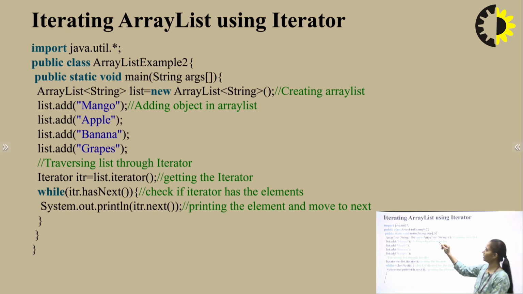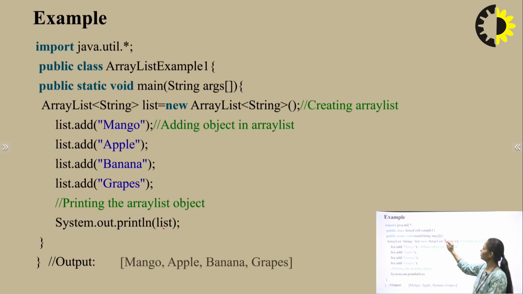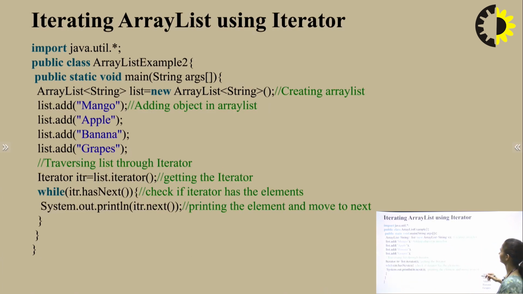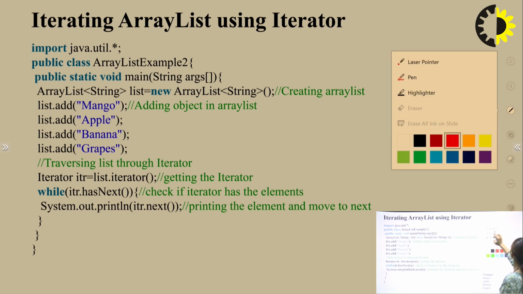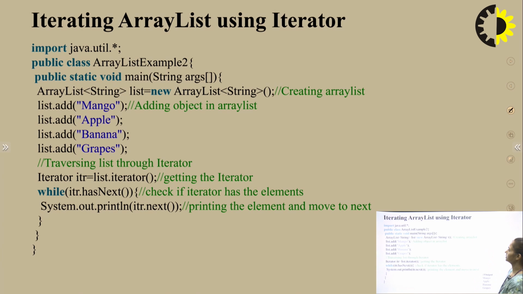Now you have added all the elements in the same way that you created in the previous example. In this example we have taken an array list and added elements one by one. And for traversing the list through an iterator, it means that your list is going to be traversed one element at a time. It means that you have to create this iterator.